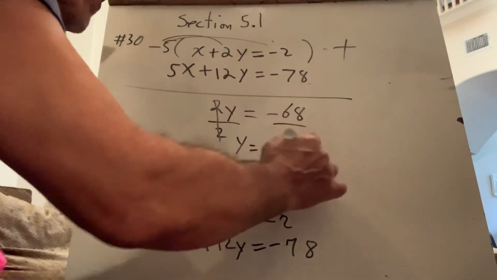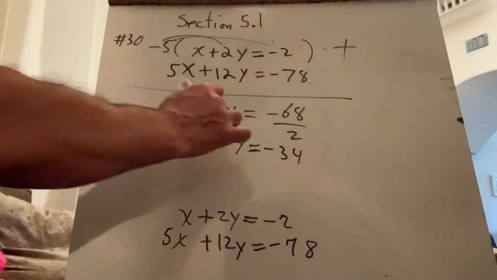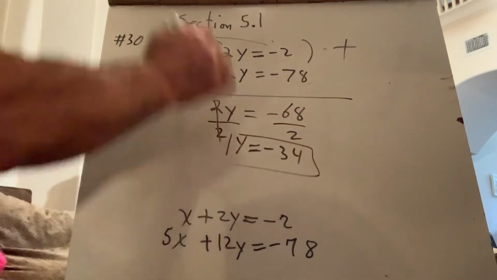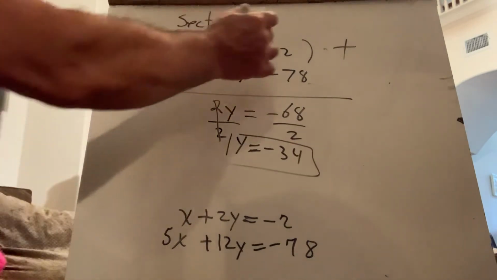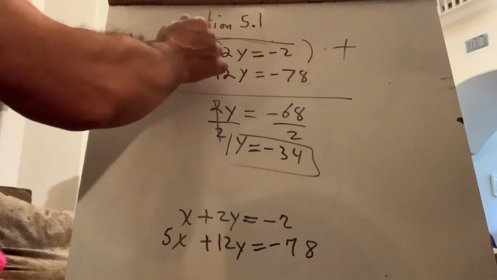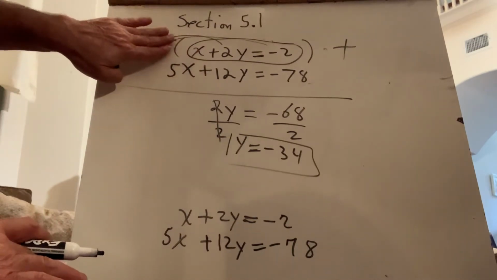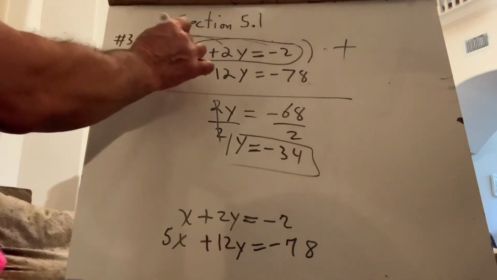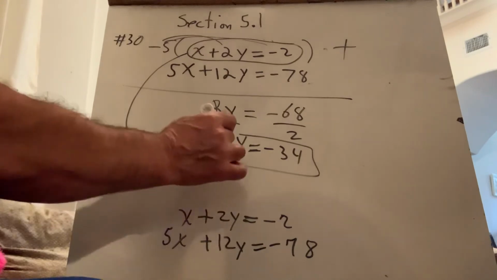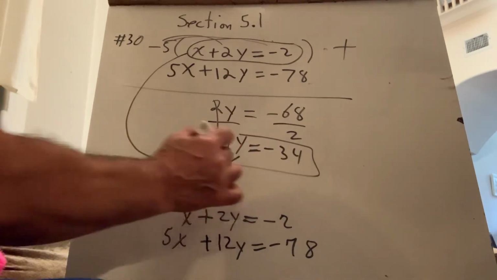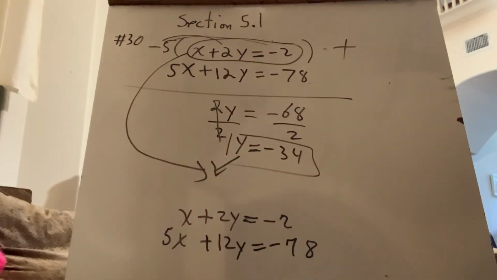Let me just pause here for a quick second. So there is your y value. Now we still have to find the x. As you know, you have many choices. But I think this one right here is probably the easiest one to solve for x, because you have x by itself. That's of course before we multiply by -5. So I'm going to take that equation together with this y value, and then we should be able to solve for x.